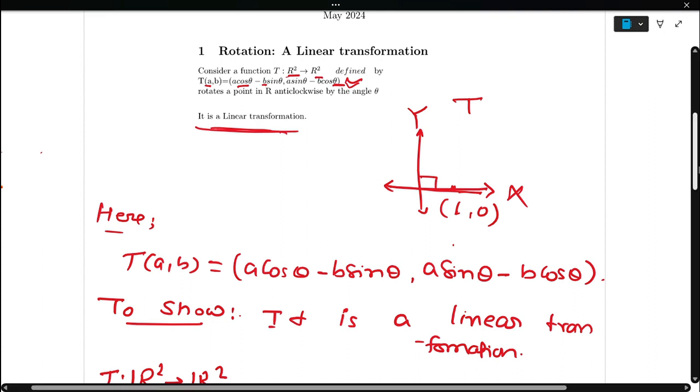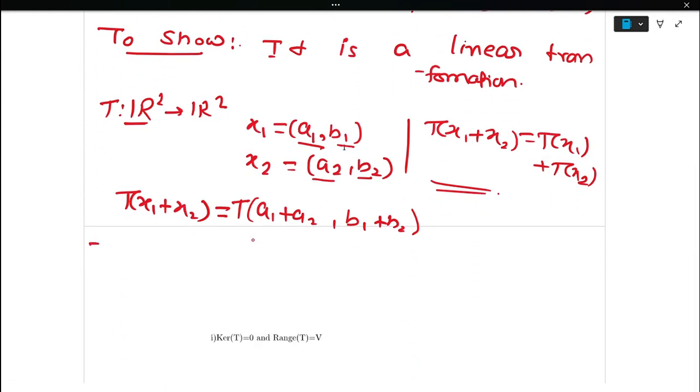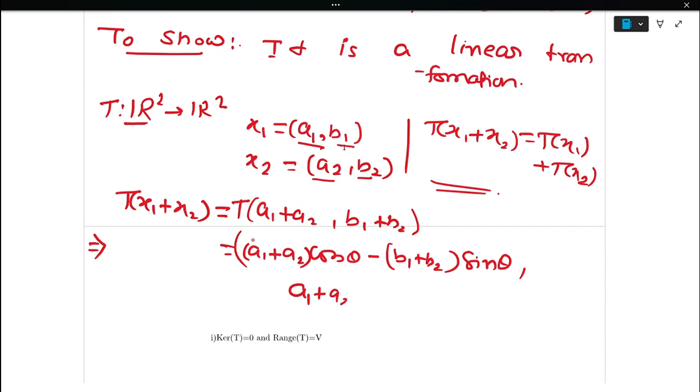So we have (a1 plus a2) cos theta minus (b1 plus b2) sin theta as the first coordinate, and (a1 plus a2) sin theta plus (b1 plus b2) cos theta.